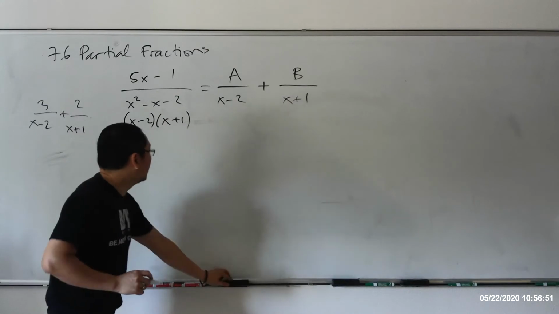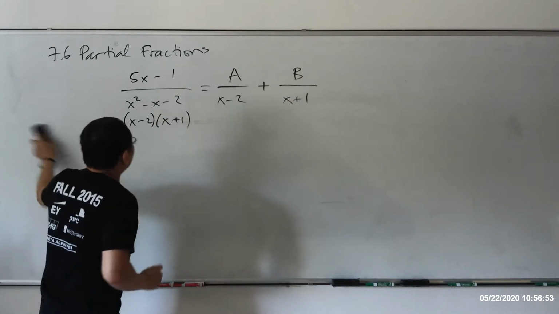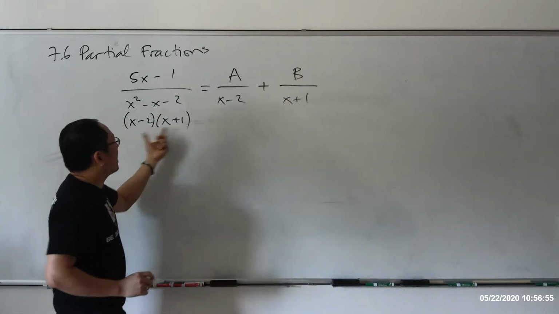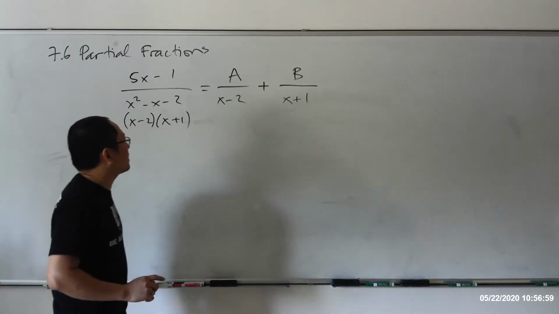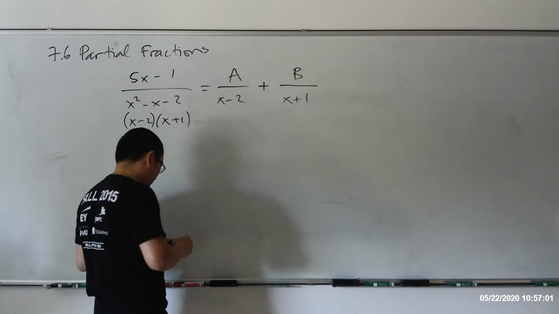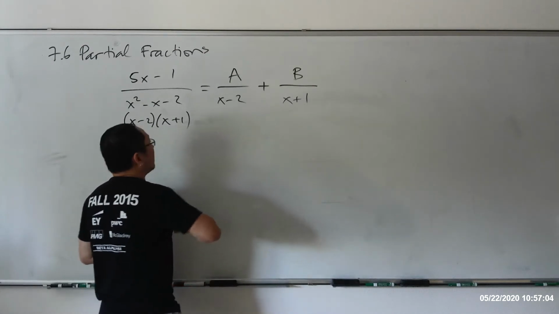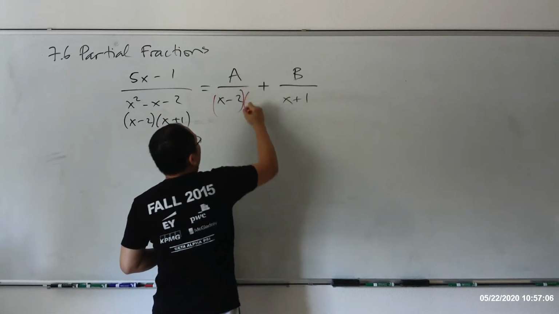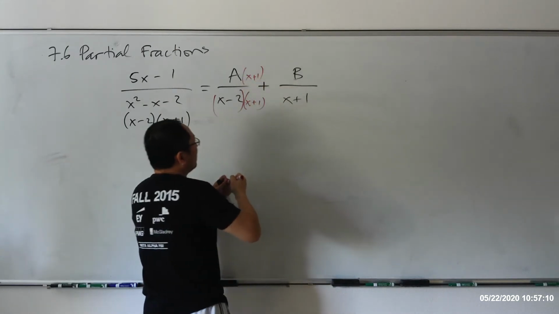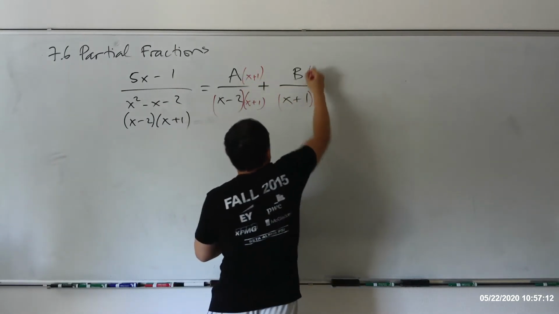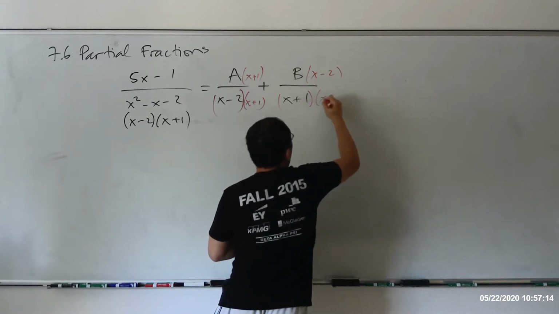So if the fraction on the left-hand side equals the sum of two fractions on the right-hand side, then if I combine the two fractions on the right-hand side together, I should have A times x plus 1, and then here B times x minus 2.